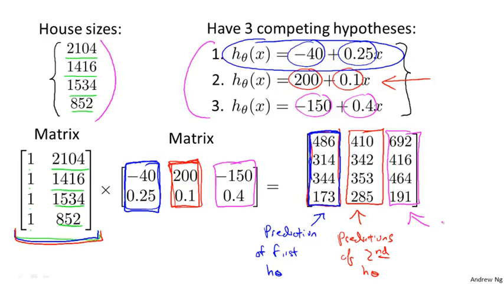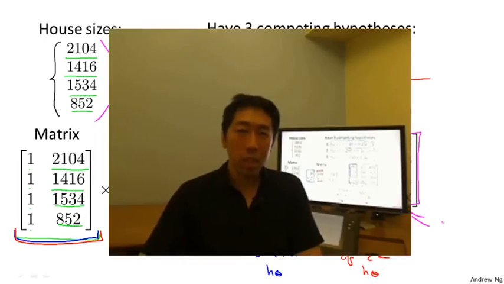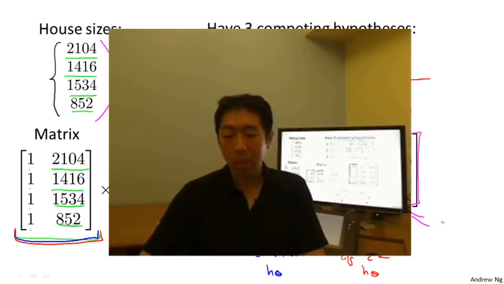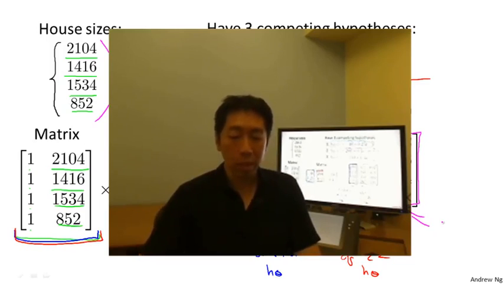And even better, it turns out that in order to do that matrix multiplication, there are lots of good linear algebra libraries in order to do this multiplication step for you. And pretty much any reasonable programming language that you might be using, certainly all the top 10 most popular programming languages, will have great linear algebra libraries.